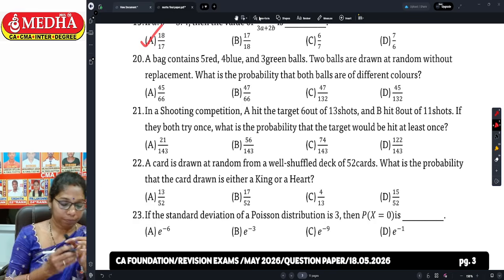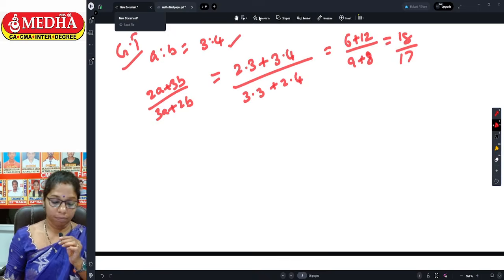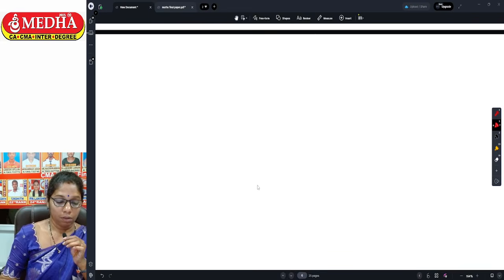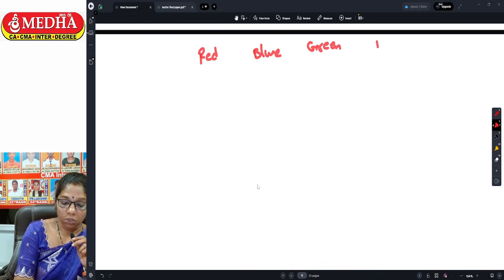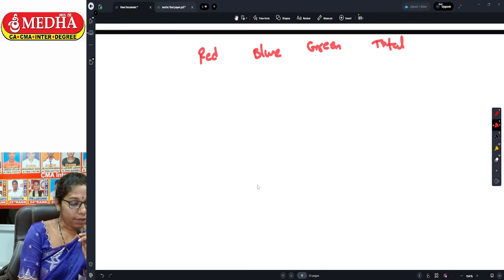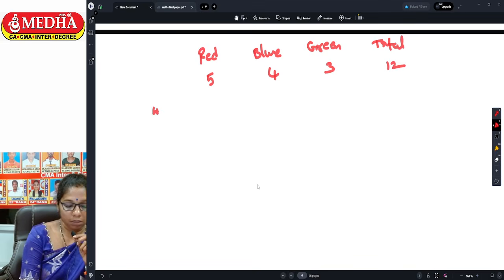So the given data. In this data, red color, blue color and green. So red is 5, 4, 3, total is 12. So the experiment of drawing 2 balls without replacement.